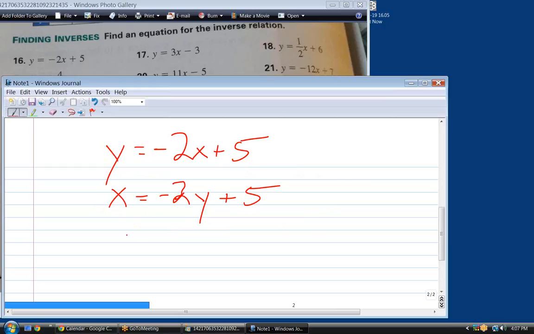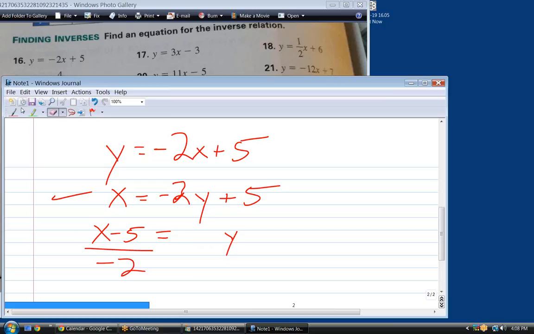Let's do it step by step. What's the next step? It'd be x minus 5, or taking 5 from each side. And then dividing by -2. That's the inverse.